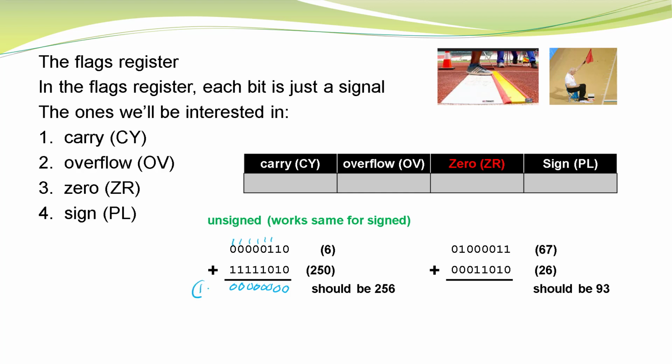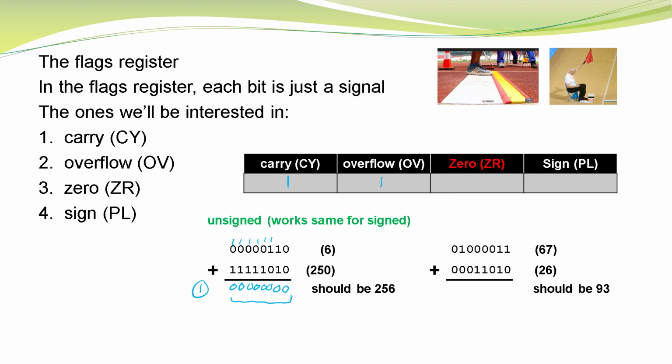And I had a carry coming out. So for this one, a carry came out, so that flag gets raised. Overflow, yeah, that did get set, but we're not going to worry about that for unsigned. But for our unsigned stuff, the ones we're going to really worry about are the carry and the 0. Now, the 0 flag, look at our result here.